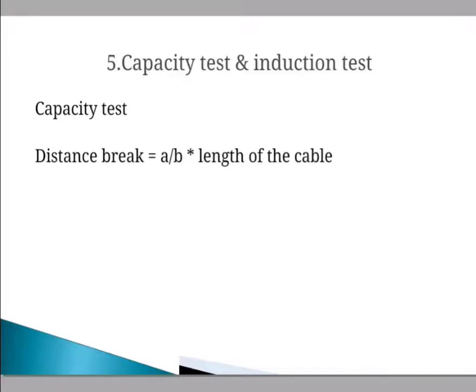The next test is the induction test carried out on the underground cable. In this test, high frequency alternating current or interrupted DC current is passed into the faulty cable. A surge coil made up of a number of turns of fine wire is carried over the faulty cable.